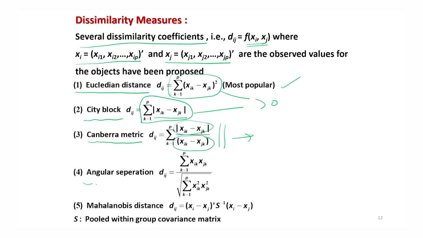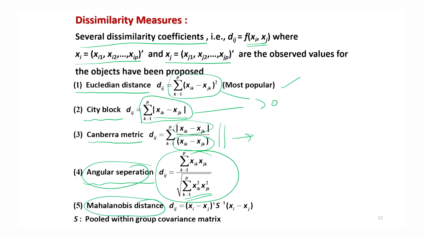Similarly, there is another one here, angular separation, which is defined like this: Dij is equal to summation k goes from 1 to p of xik xjk divided by square root of summation of x square ik and x square jk, right? And similarly, there is another popular method which is the Mahalanobis distance.